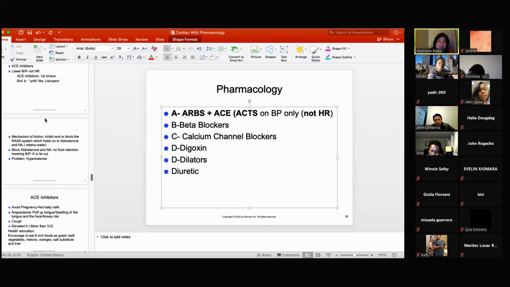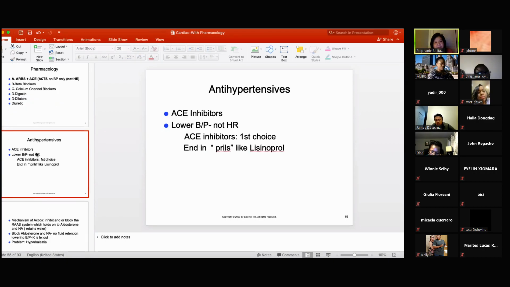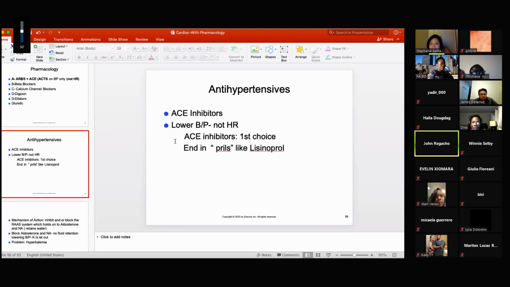Now let's look at them one by one. So you have ACE inhibitors, okay? They lower the blood pressure, but not the heart rate. The first drug of choice for your ACE inhibitors is lisinopril, right?